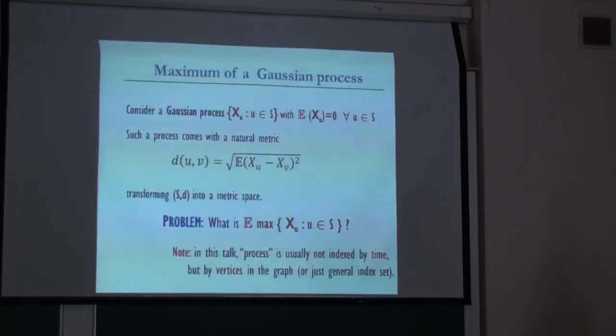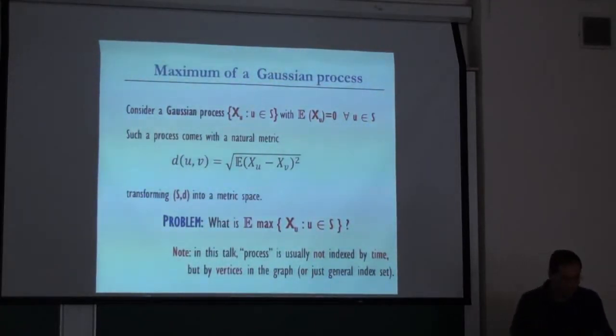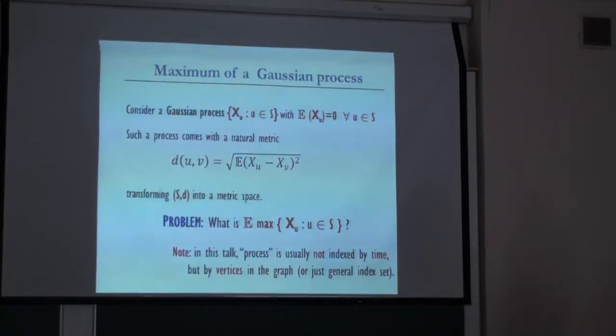So again, the classical problem is what's the expected maximum of the Gaussian process, and the focus of much of the activity in the 60s to the 80s was to understand Gaussian processes over quite complicated spaces, and the focus was to understand when they were bounded, when they were continuous, and to do that one looked at the process over suitable nets and made some estimation over these nets. In our setting, we're interested in the process over a discrete set, but still those techniques will be useful.